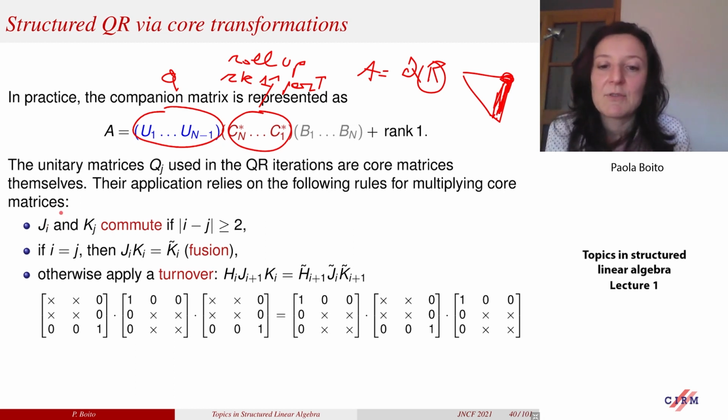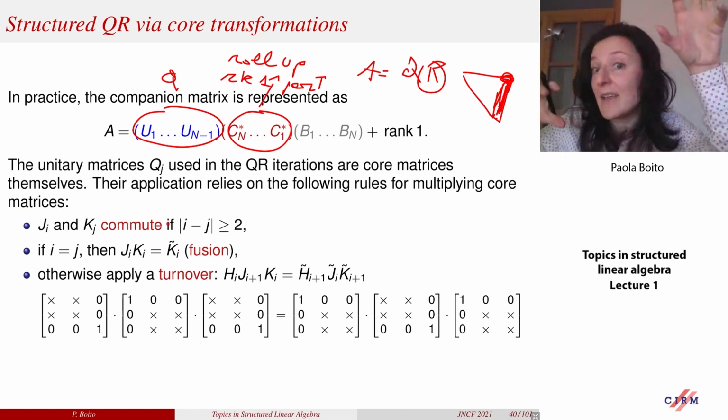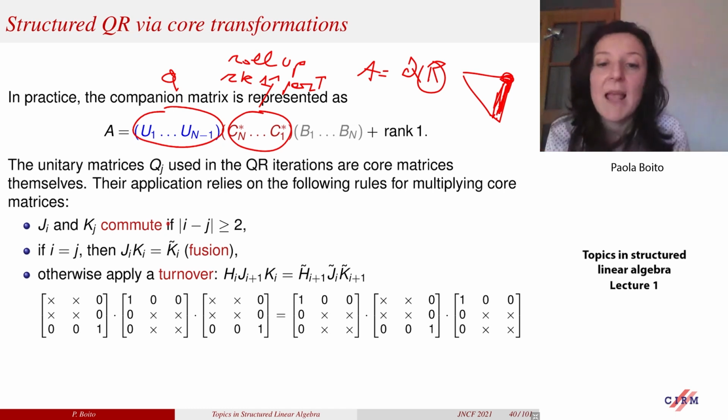Either you have 2 core transformations that commute because the active blocks are far away, so you can exchange them. Or they could be core transformations that act on the same rows and columns, so they have the same index. In this case, you just multiply them, you obtain again a core transformation.